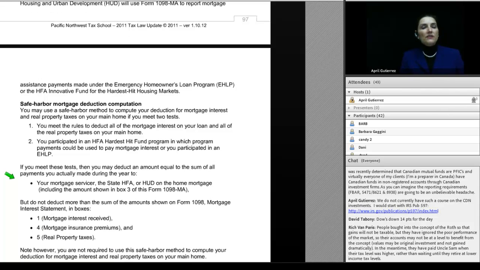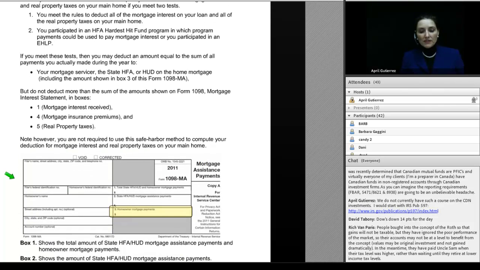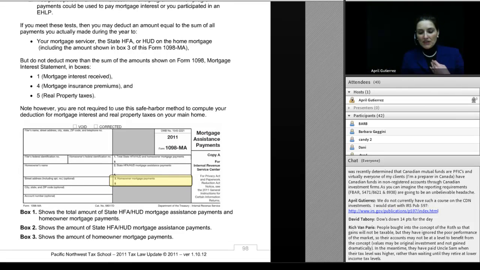And if you're an individual who benefited under those programs, it stands to reason that you personally will not be allowed to claim a deduction for a payment that was made by a state agency, right? So this document is being issued to show whether or not a filer had mortgage payments made for them during the year, and if so, how much of those payments went towards property taxes and mortgage interest.